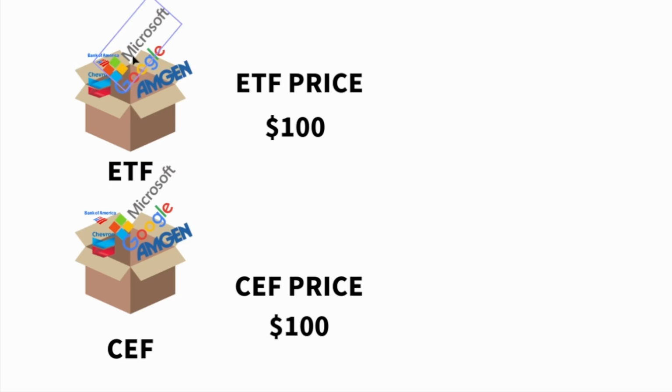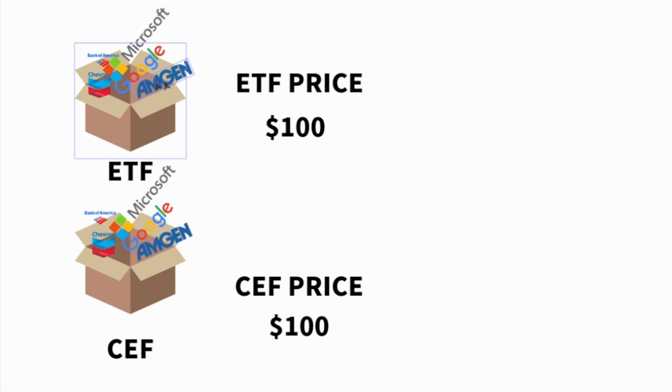Now, normally ETFs just hold either stocks or bonds. They don't have a mixture of them usually, whereas closed-end funds, they could hold some stocks, some bonds, some preferred stocks, all kinds of stuff. But I'm going to keep things very simple here.